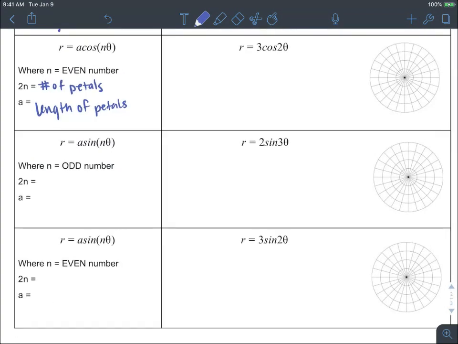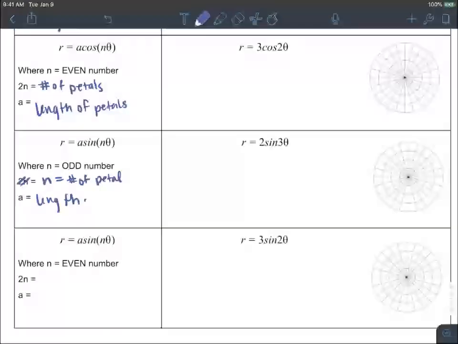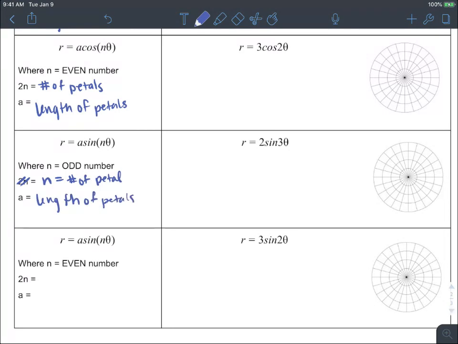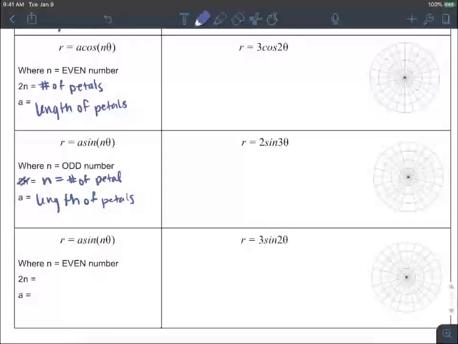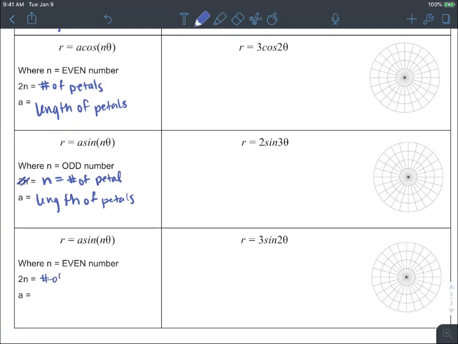If I have r is equal to a sine n theta, and n is odd, then n is equal to the exact number of petals, and then a is equal to the length of the petals. And then if the n is even, then the petals get doubled, so 2n is equal to the number of petals, and then this is still the length of petals.